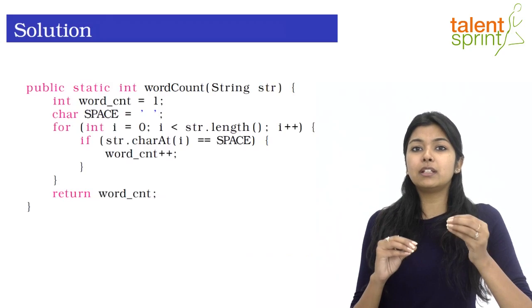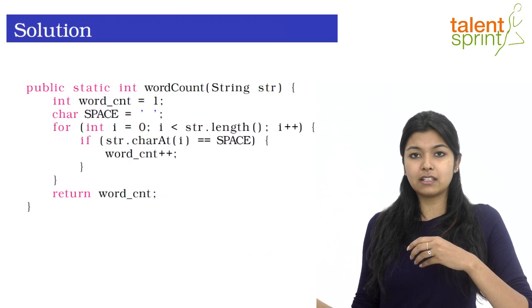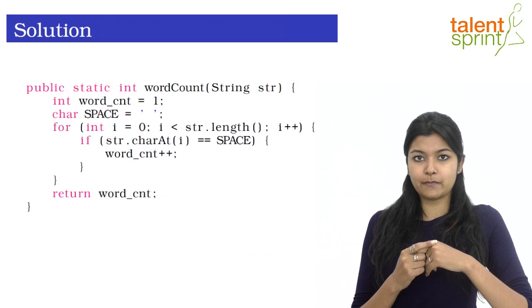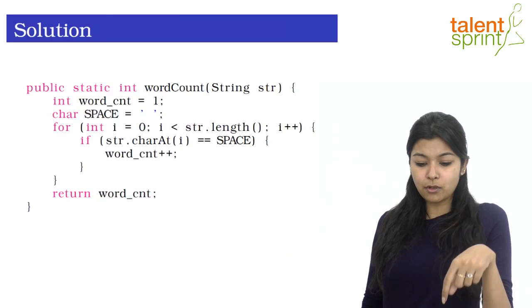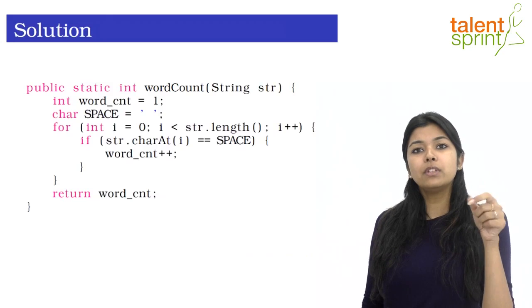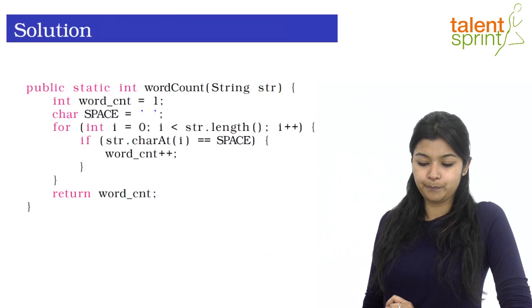And to equal the number of count of words to what actually is, we add one more to the count of the spaces. So to keep in mind that one more addition, we have already initialized our word count to 1. And now we will just count the number of spaces and add it to the word count.